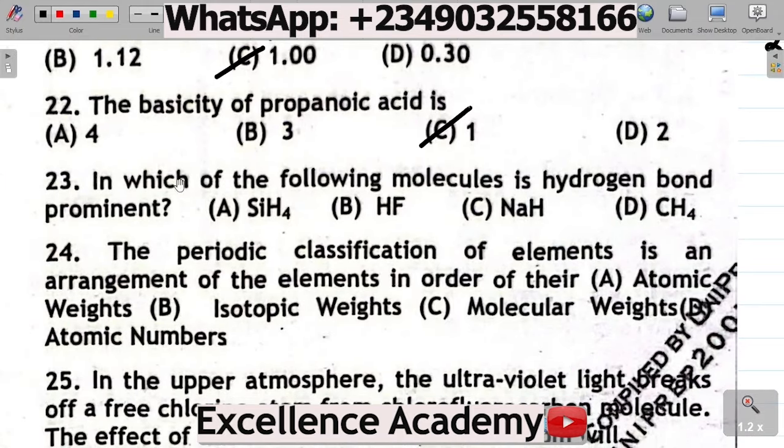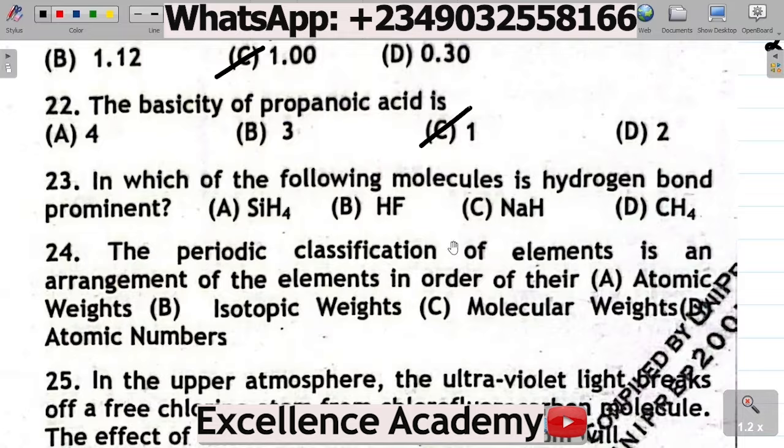23 says, in which of the following molecules is hydrogen bond prominent? A, you have silicon tetrahydride. B, you have hydrogen fluoride. C, you have sodium hydride. D, you have CH4, which is methane. So for 23 here, what is the correct answer?